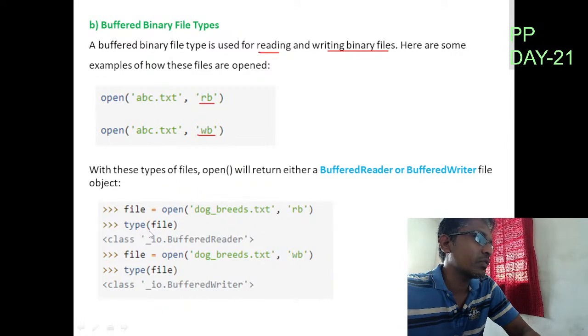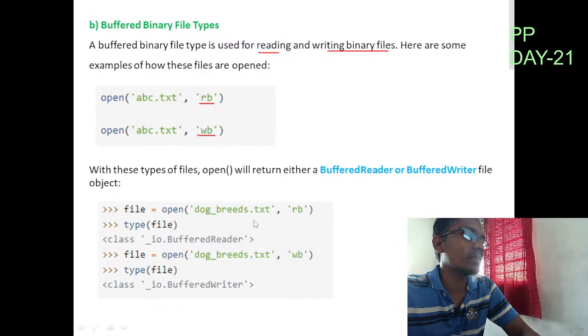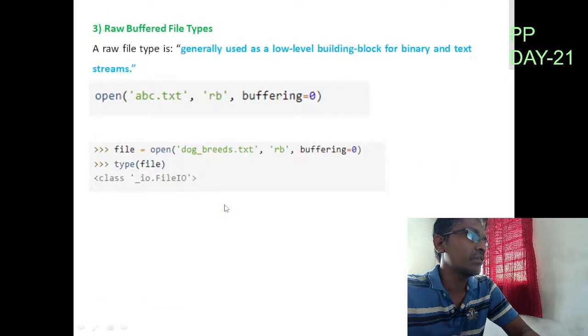If you display the type, the output is io.BufferedReader for the file opened for reading, and io.BufferedWriter for the file opened for writing. So those are buffered binary files.